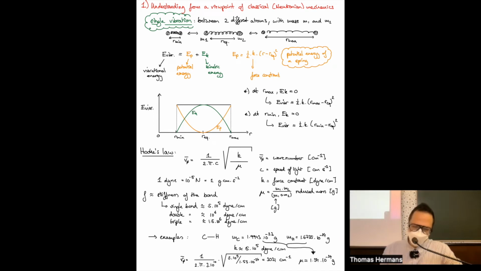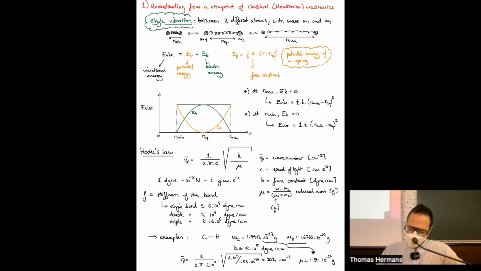And staying in this Newtonian mechanics, we can actually transform this directly to wave numbers. This is based on Hooke's law, which was made for springs, but it applies also for infrared.